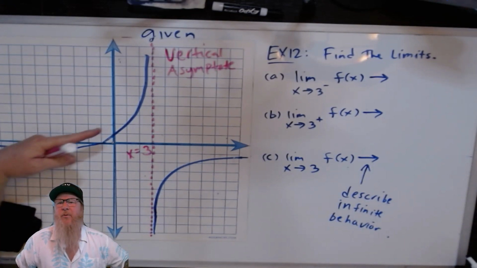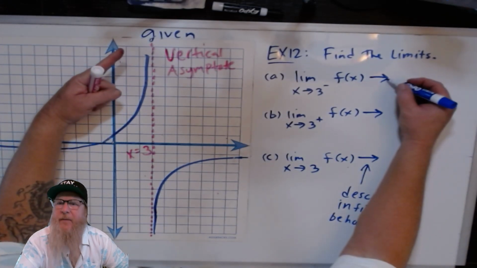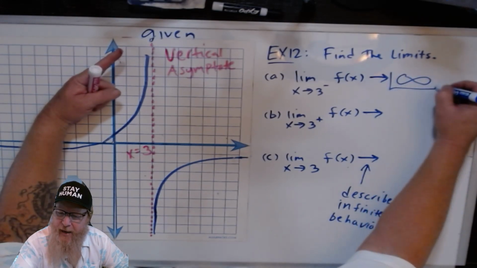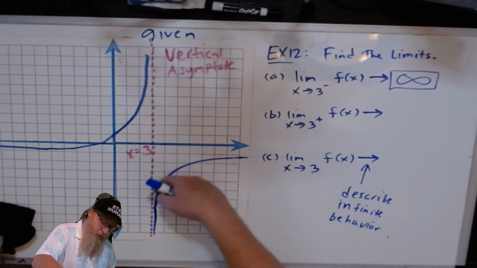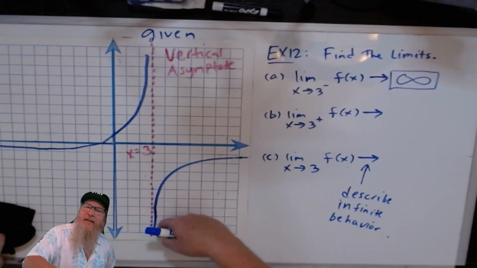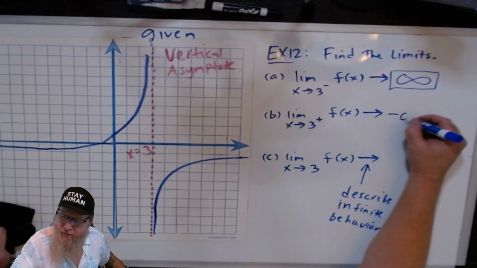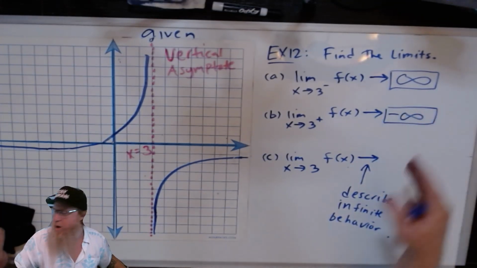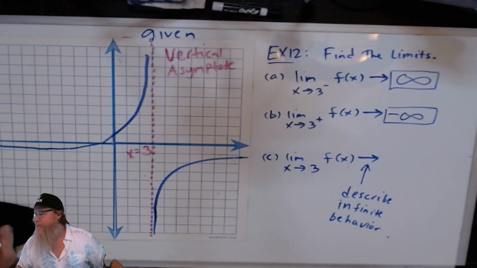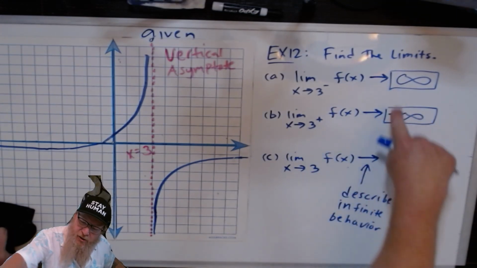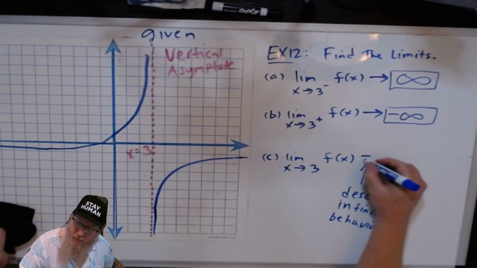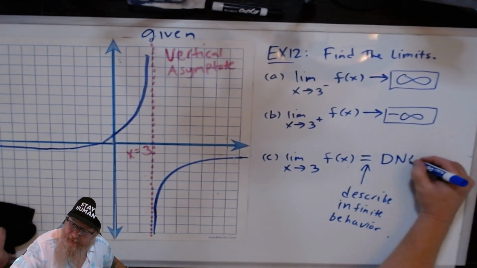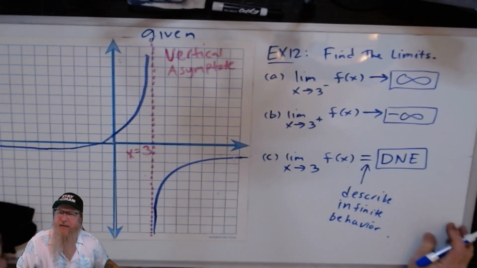As we approach 3 from the left, the behavior is going up to positive infinity. As we approach it from the right, the behavior is going down to negative infinity. So I'm just describing the behavior. But because these do not agree with each other, I'm going to switch back to an equal sign, and I'm going to say that this limit does not exist.